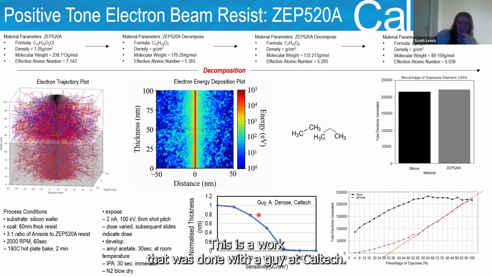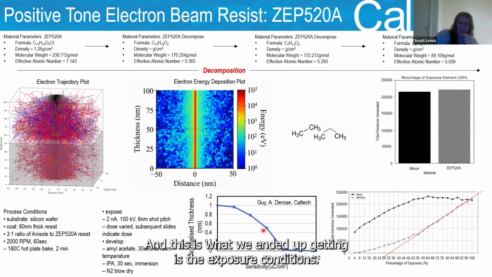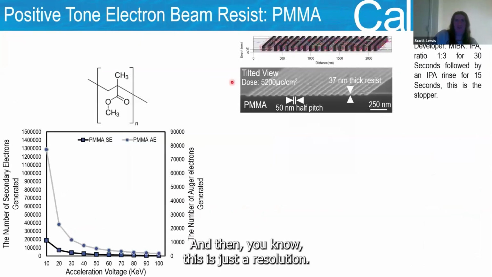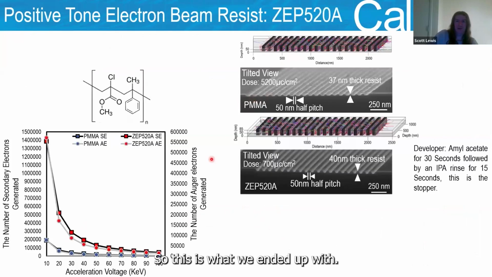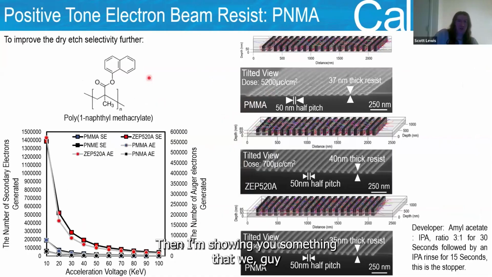This is the work that was done with Guy at Caltech, and this is what we ended up getting. These are exposure conditions, and this is just the resolution. So this is what we ended up with. So we all know what it can do. Then I'm showing you something that Guy and I developed, which was this one, naphthyl methacrylate.